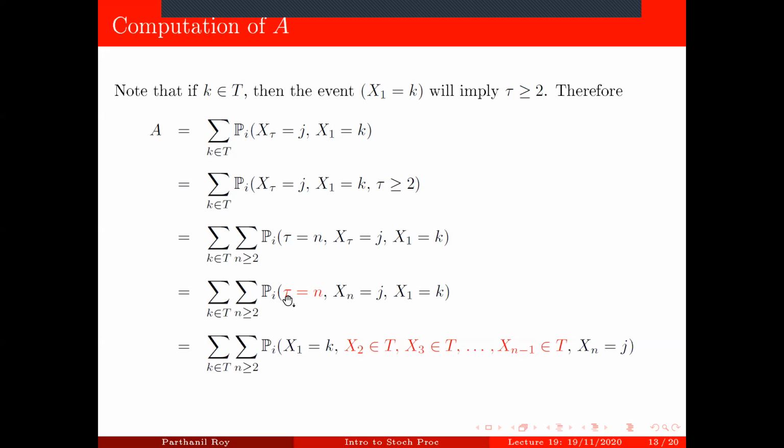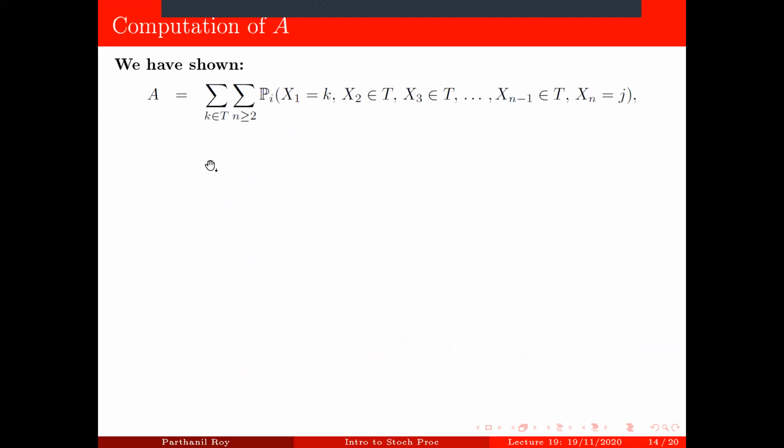Essentially, tau equal to n in this event will force that X2, X3, all the way up to X_{n-1} are all inside T. So you haven't exited T up to time n minus 1. The exit happens exactly at time n, where it reaches j. So this is what we have shown.